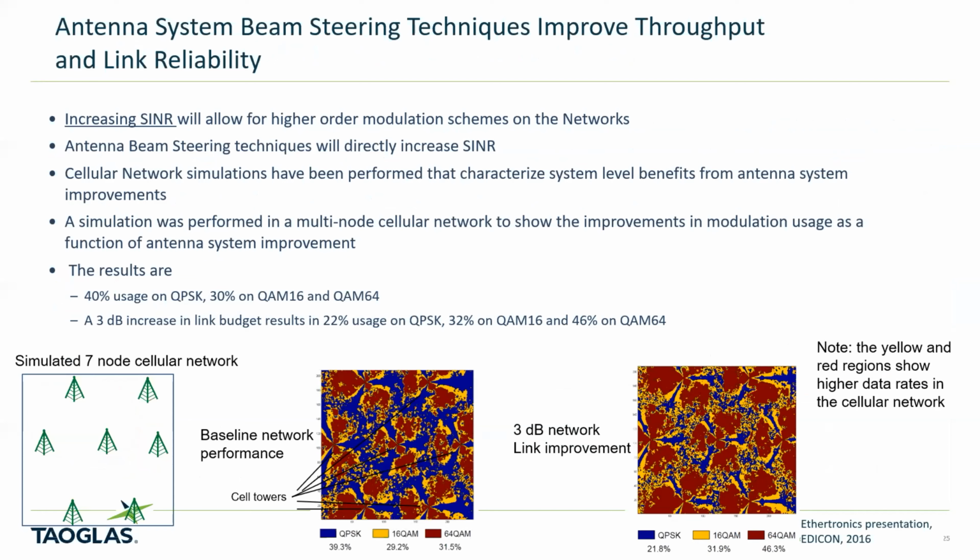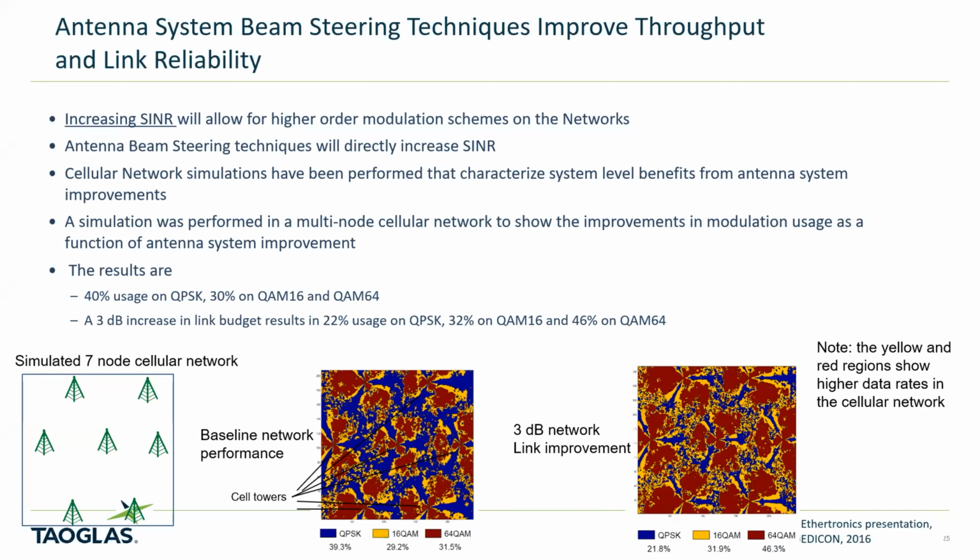This is the benefit slide. This was a cellular system simulation brought up at a company many years ago. What we're showing on the 3 plots on the bottom of the slide is a 7-cell, or 7-node, cellular network being simulated, and we establish connections from these 7 nodes or cellular base stations across the different cells. We're showing the area in the mapping of the cells that can support QPSK, 16 QAM, and 64 QAM. The different modulation schemes depend on the SINR that can be supported at that location in the cell.